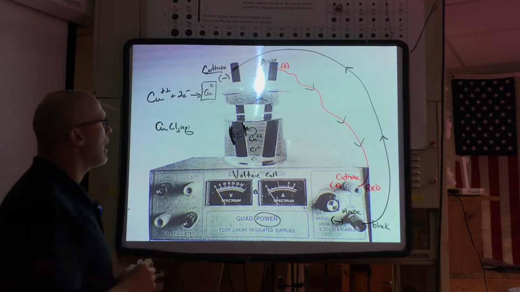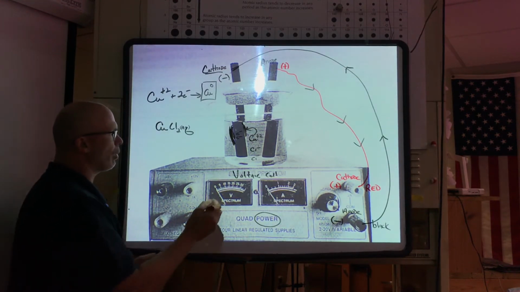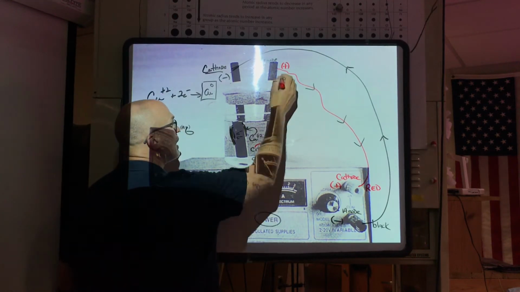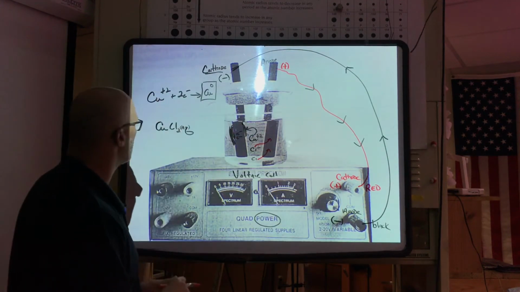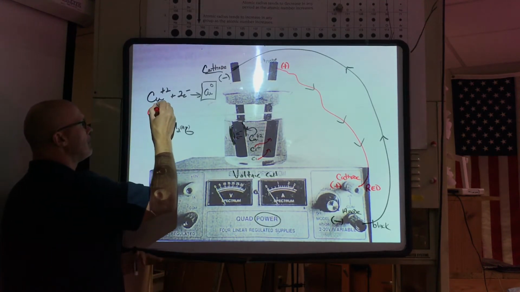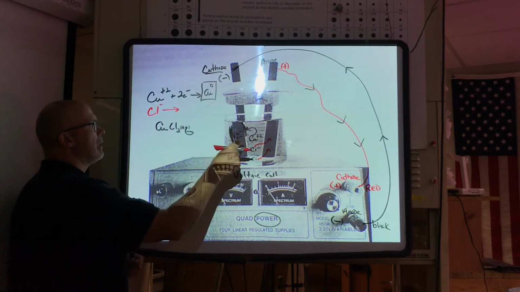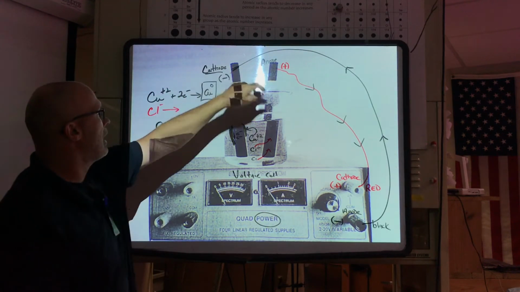And of course on the other electrode, we're going to have the chloride ion be attracted to this electrode because it is positive. It's positive because electrons are being drawn away from it. And so the chloride ion is going to oxidize at the anode, just like the copper +2 is reducing at the cathode. That's always the case. Red cat and ox.